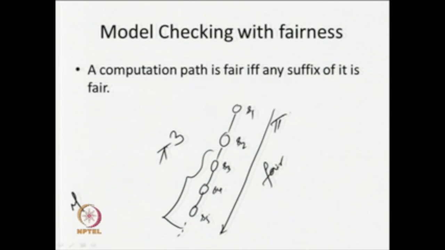Now, if pi 3 is fair, then pi 2 will also be fair, since its suffix is fair. So, if we can establish that any suffix is fair, then the path will also be fair, because eventually it will go to that particular suffix.